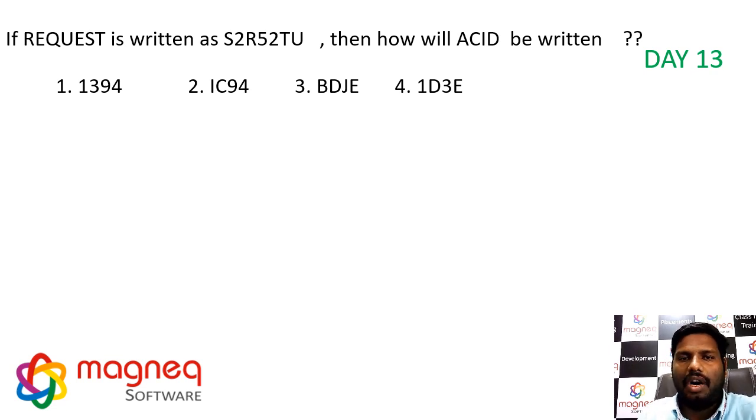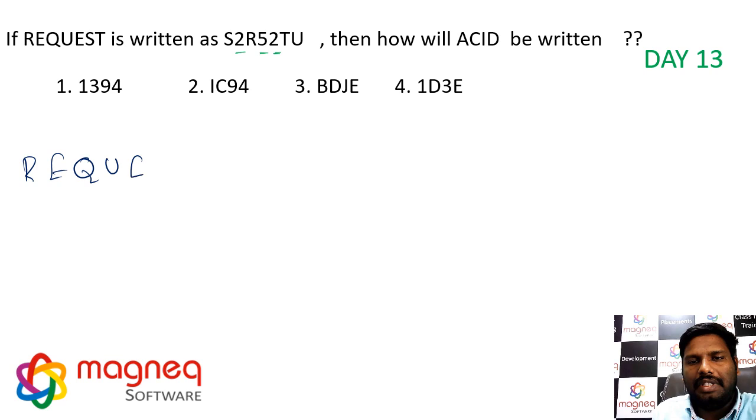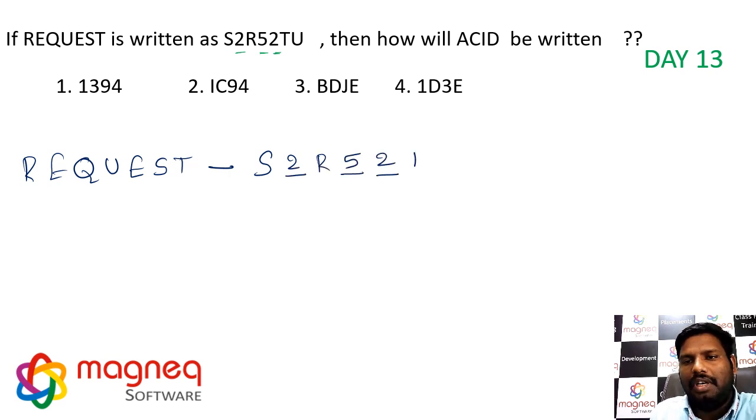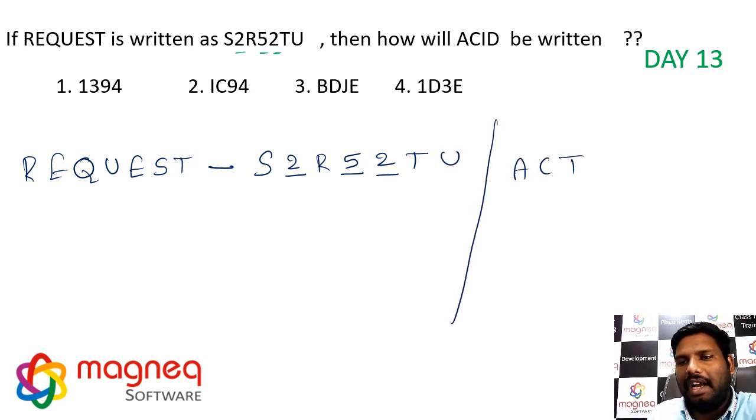Next one. If REQUEST is written as S number 2 or number 5 number 2 TU, then how will ACID be written? So what is the code for ACID?